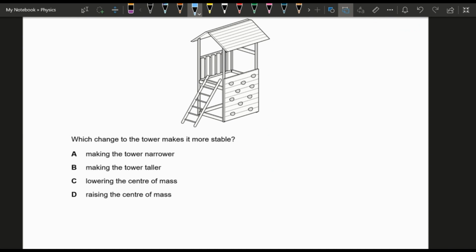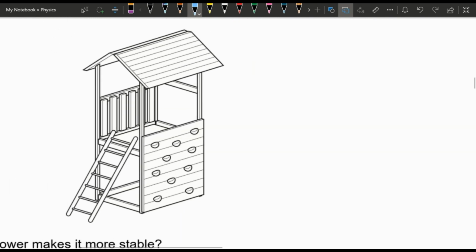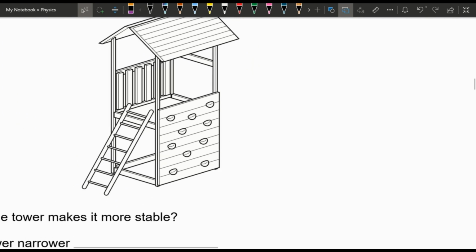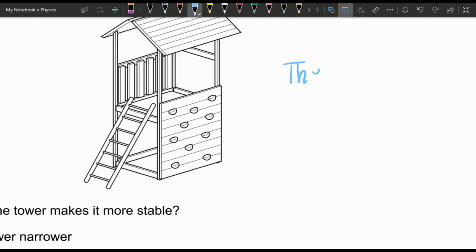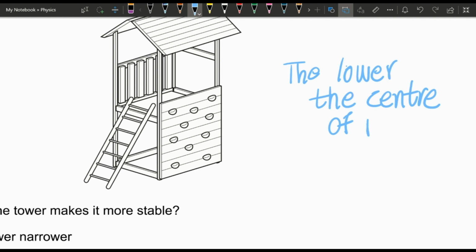So a few rules of stability that I would like to talk to you about before solving this question. The lower the center of mass, the more stable.